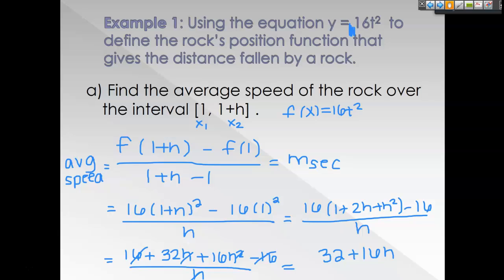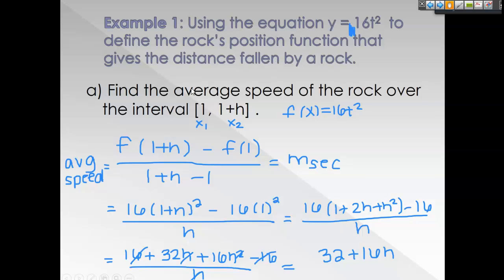So that represents the average speed from 1 to 1 plus h.